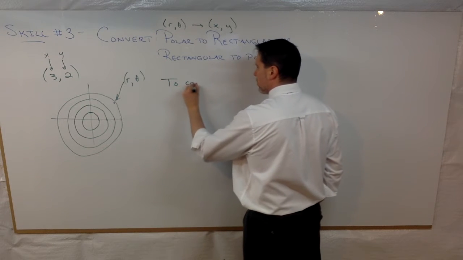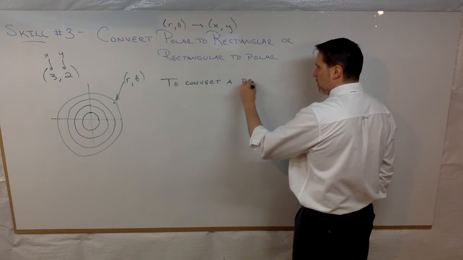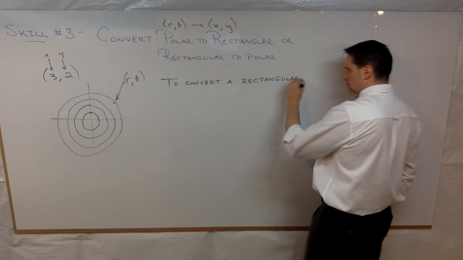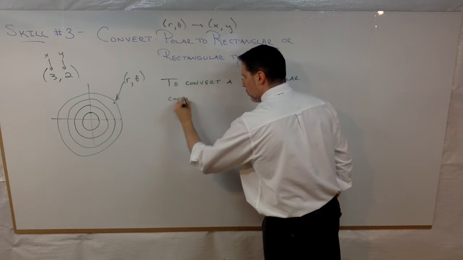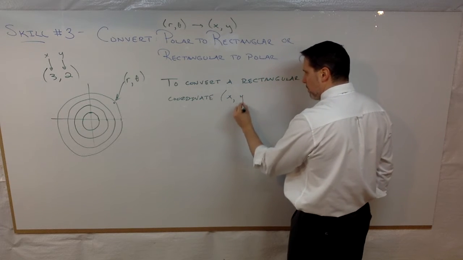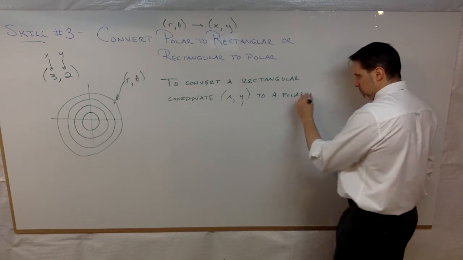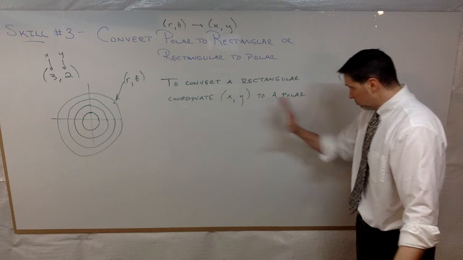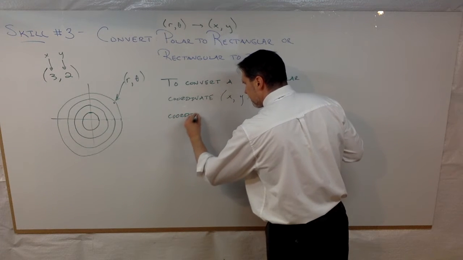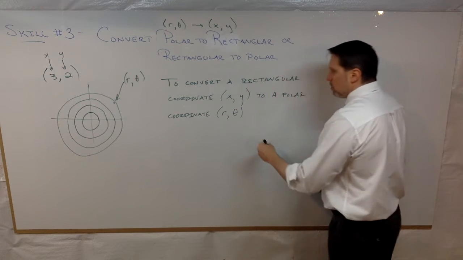To convert a rectangular coordinate that is x comma y to a polar coordinate, in other words, its corresponding polar location, that is r comma theta, we're going to use the following.